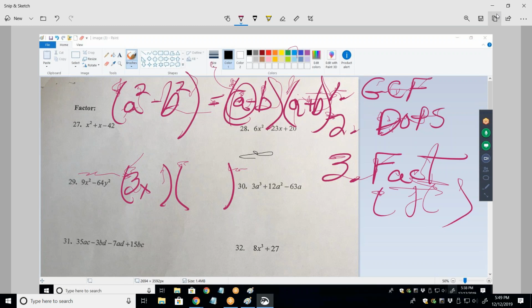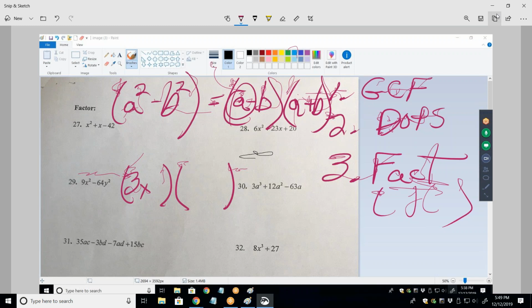How about the square root of 64y squared? Square root of 64. 32y? No, that's half of 64. You're looking for a number that multiplies by itself that gives you 64. Experiment.